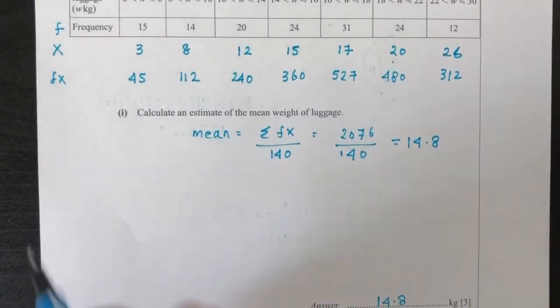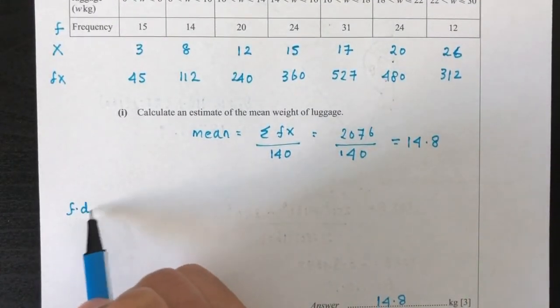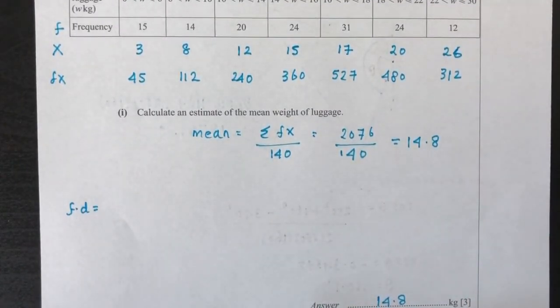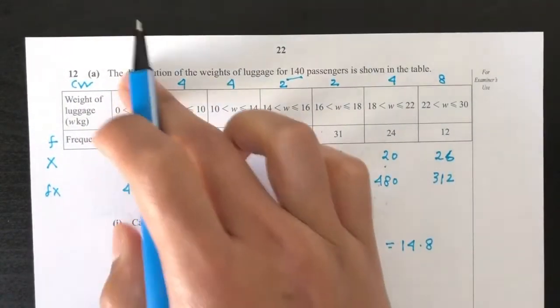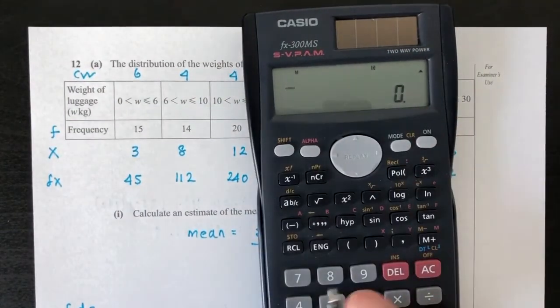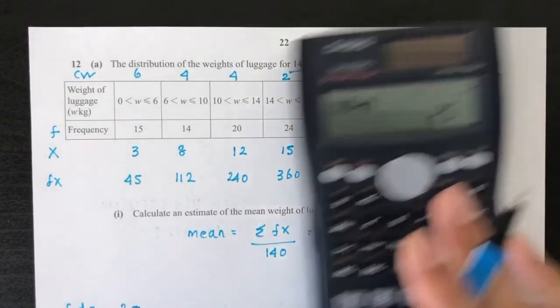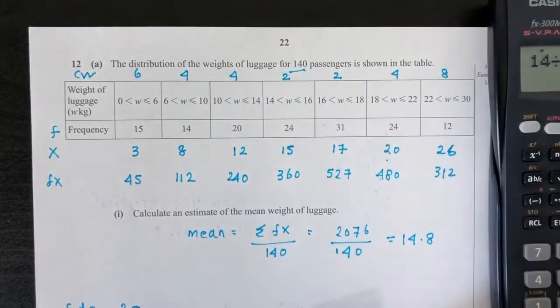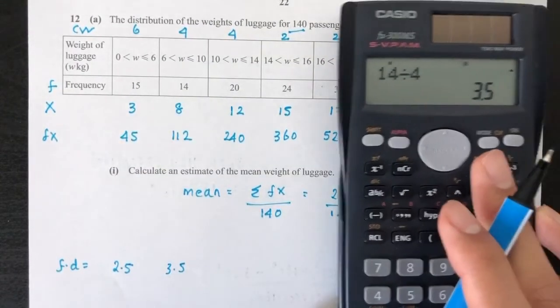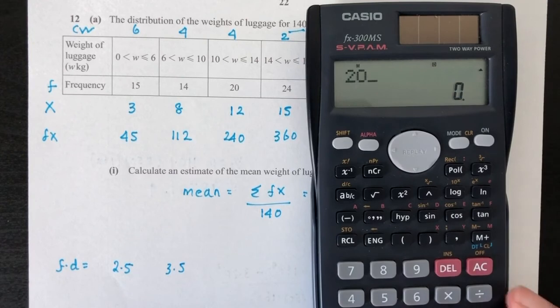Now let's find the frequency density. It is class frequency divided by class width. So frequency is 15 divided by 6. That will be 2.5. 14 divided by 4, 3.5. Then you have 20 divided by 4.